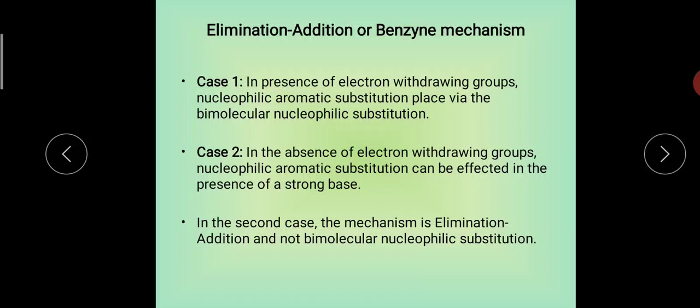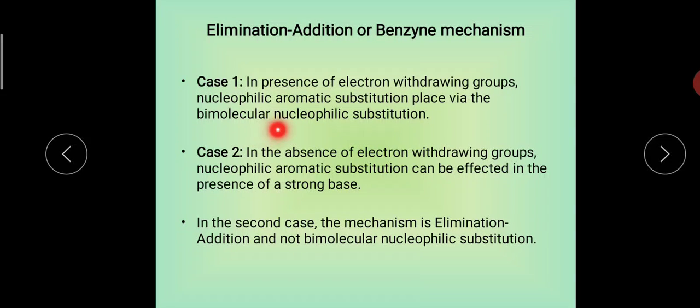Okay, so when does this bimolecular displacement mechanism take place? That basically takes place when your aryl halide consists of electron withdrawing groups attached to it. Or in other words, if your aryl halide consists of activating groups, which have to be electron withdrawing in nature, then this particular reaction takes place via your bimolecular displacement mechanism.